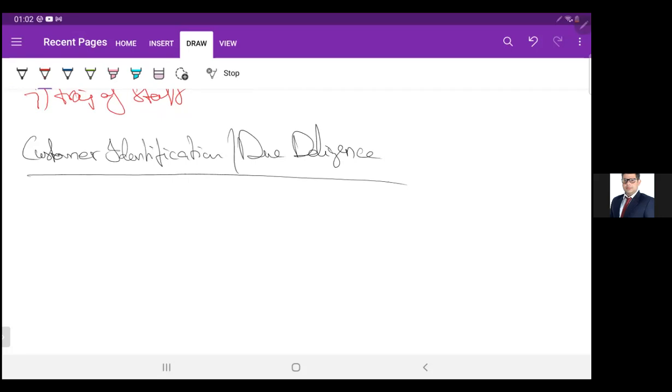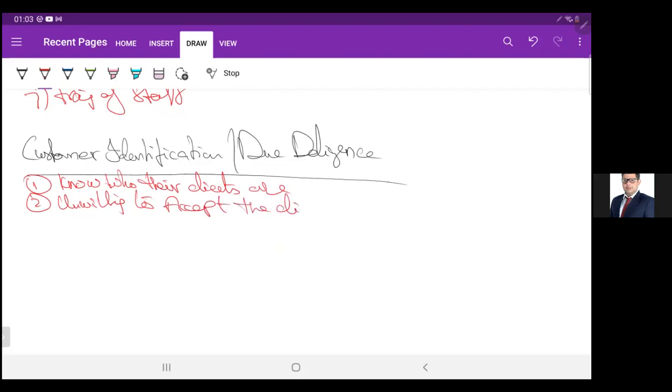It ensures the accountants, number one, know who their clients are. Number two, are unwilling to accept the clients who are at high risk.